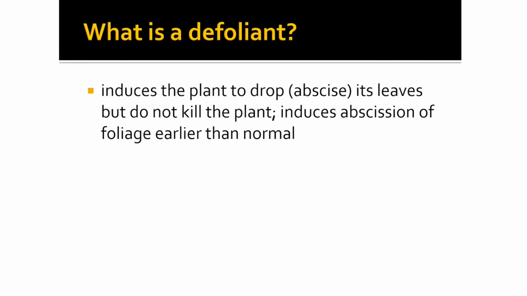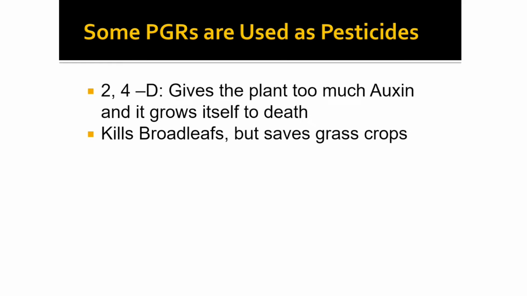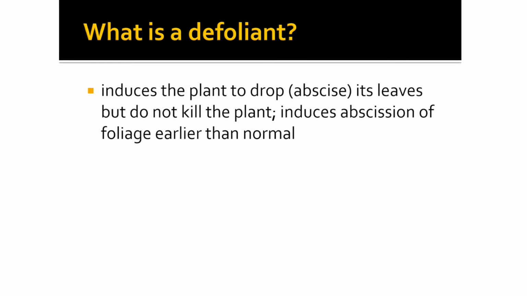But 2,4-D is kind of a tricky one. It is a PGR, but that's a weed license. You need to be a weeds PCA to apply that because of what your target is. Now, if your target is to defoliate a crop, then you'll need this PGR license.